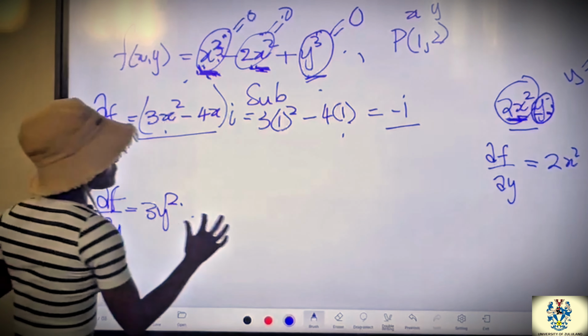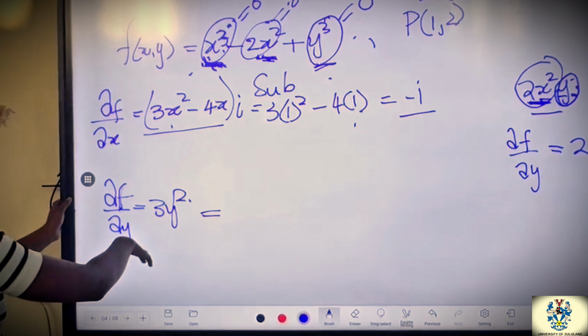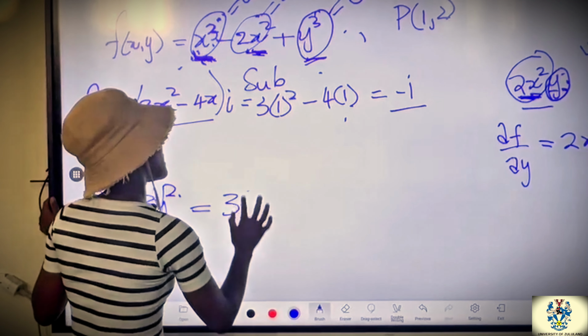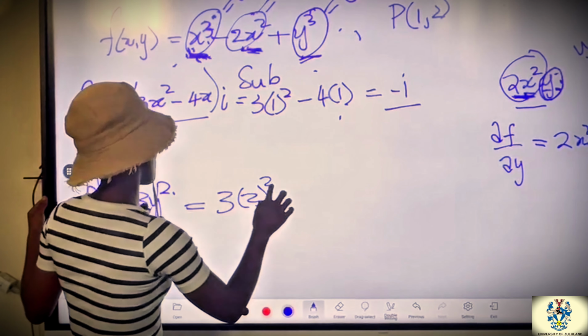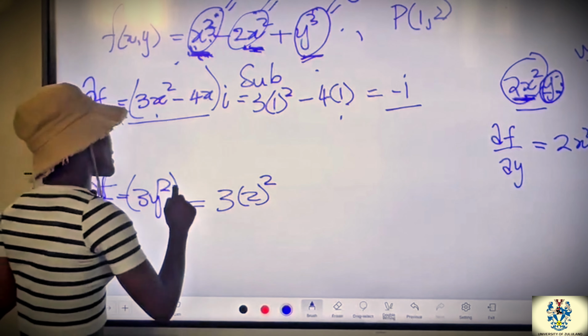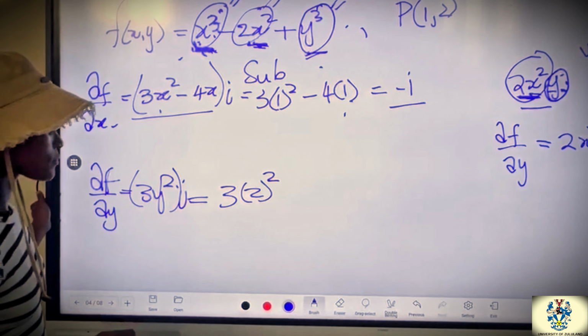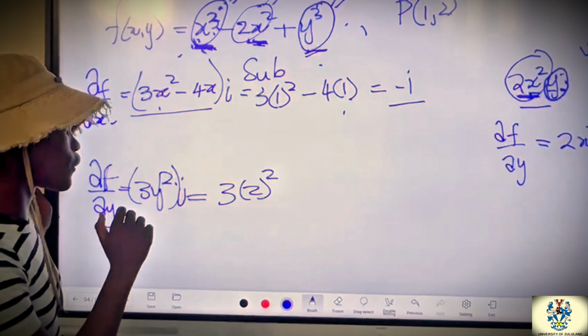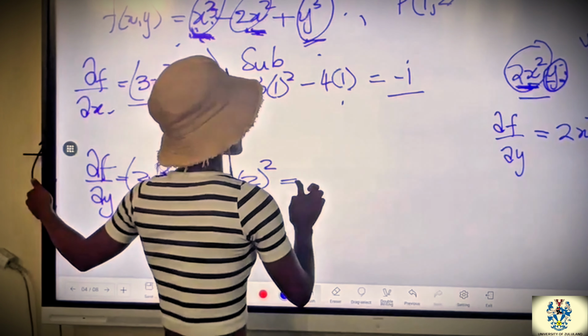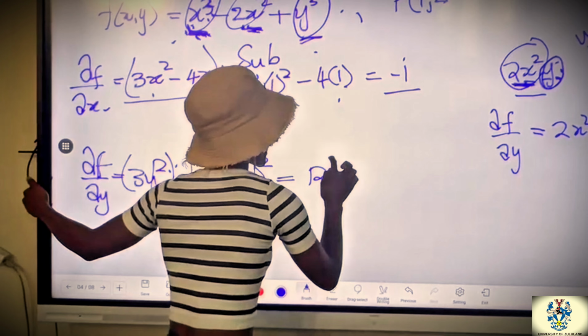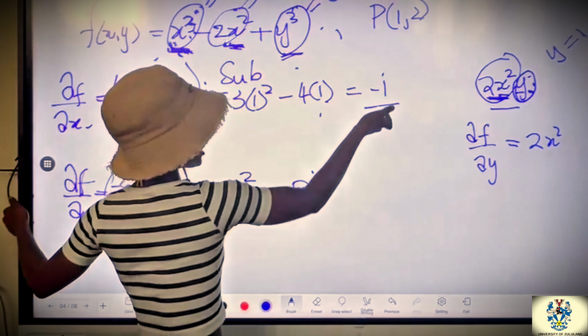Then substituting our y variable here, this is going to be 3 times 2 squared, and this has j for the direction. 2 squared is 4, and 3 times 4 is 12j. Don't forget about the directions.